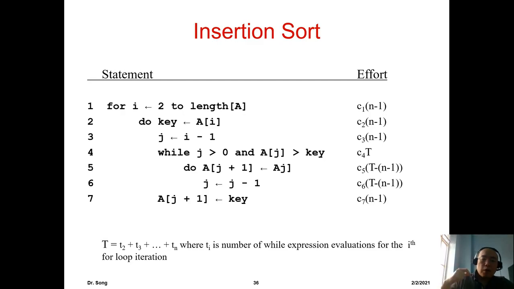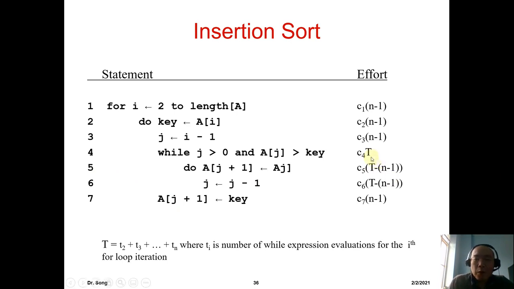To insert each value, we may have to execute line 4 at least once, maybe many times, and then we add up how many times we execute line 4 for all the values from the second value to the last value, and that is the uppercase T.